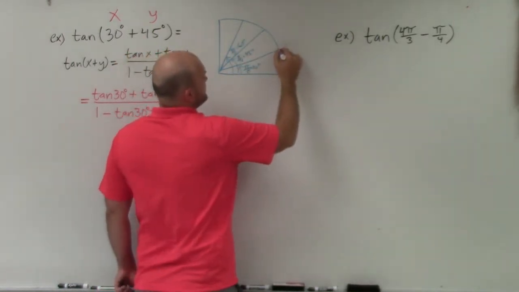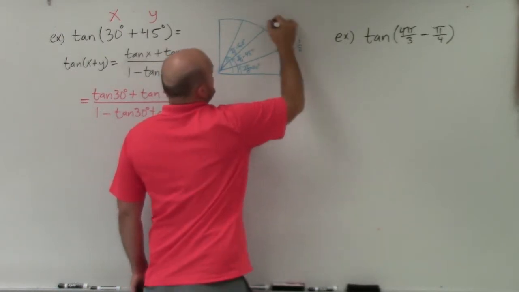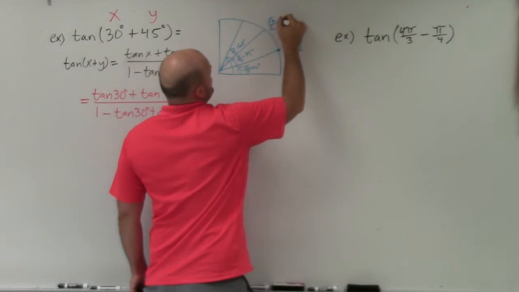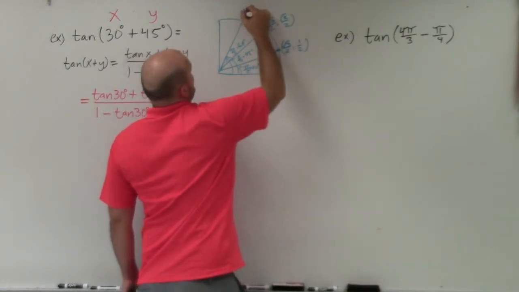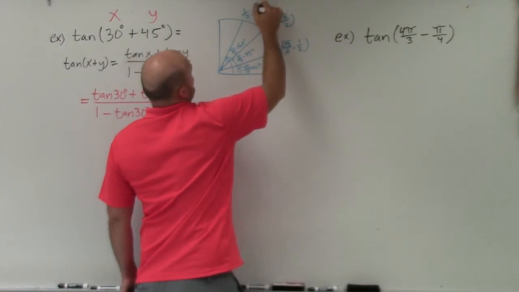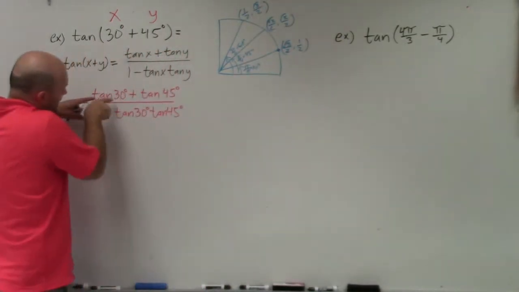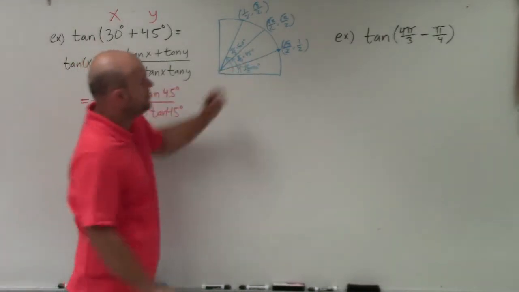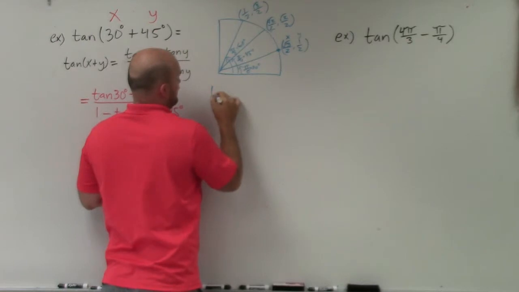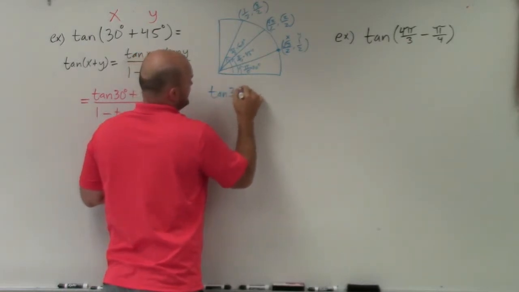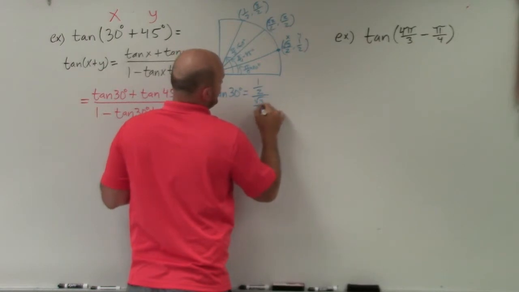For each of these points, I have square root of 3 over 2, comma, 1/2; square root of 2 over 2, comma, square root of 2 over 2; and the last one is 1/2, comma, square root of 3 over 2. If I want to evaluate the tangent of 30 degrees, I need to take the y coordinate over the x coordinate. So I'll write tangent of 30 degrees is equal to 1/2 divided by the square root of 3 over 2.